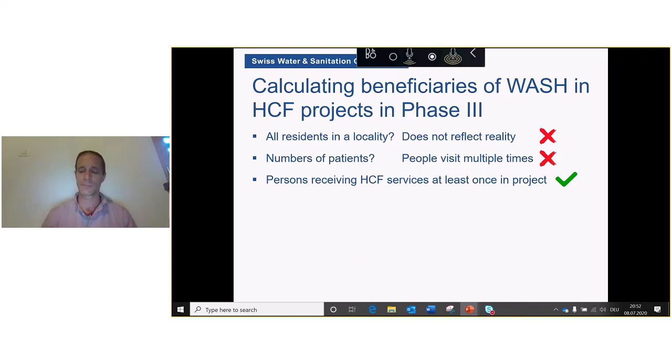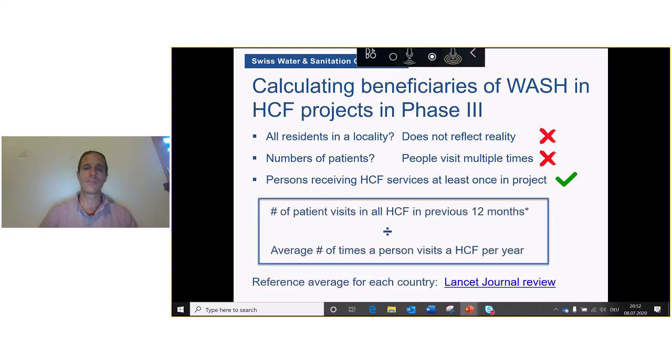And how we're calculating this, well, many project teams have already done this calculation in creating the project document, but if there are project teams who haven't yet used this calculation, please contact your regional advisor or contact me and we can support you to make this calculation. It's basically in the last 12 months in a given healthcare facility, how many patient visits were there?